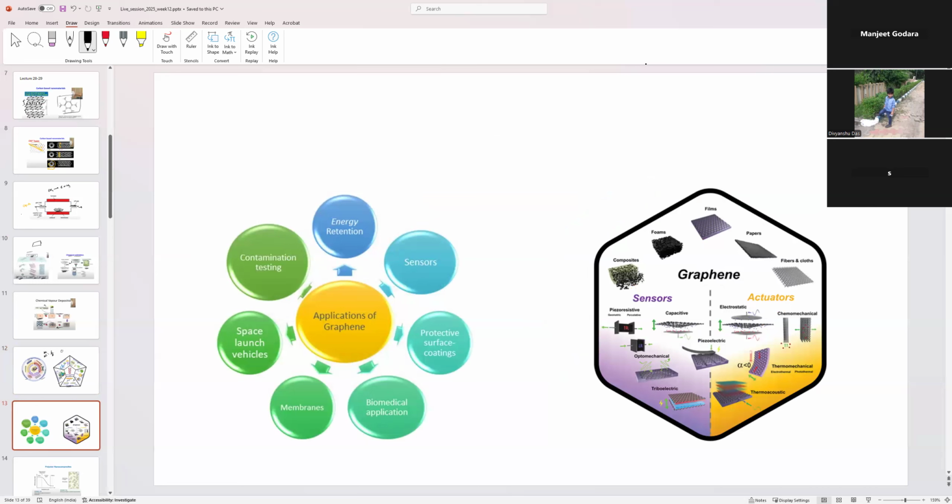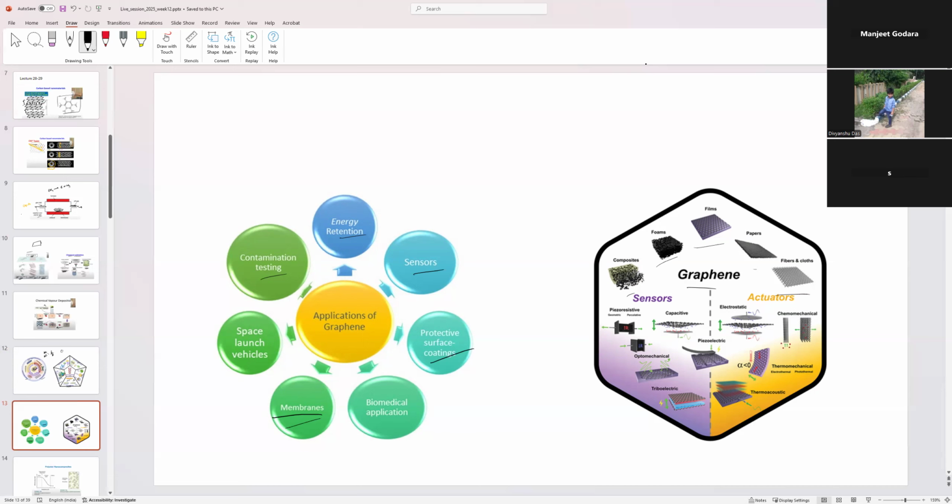This graphene has again quite a few similar applications, such as sensors, energy retention, contamination testing, graphene membranes, and medical protective coating. So you can have graphene composites, foams, films, paper, fiber, and cloths.